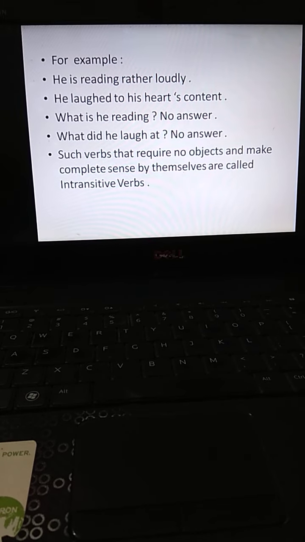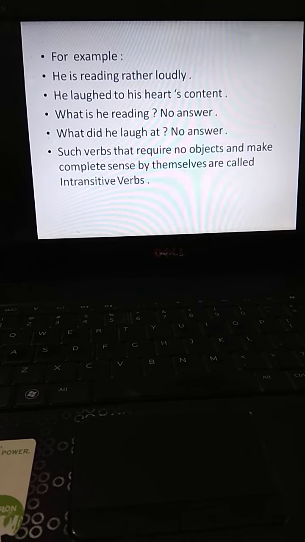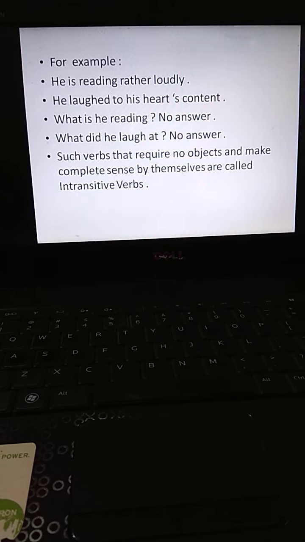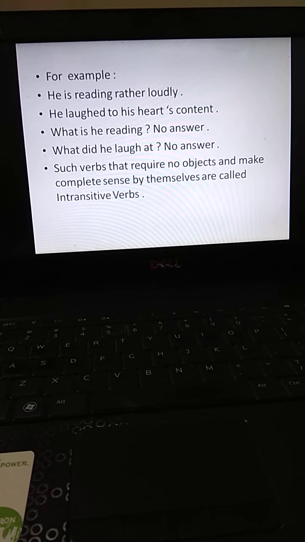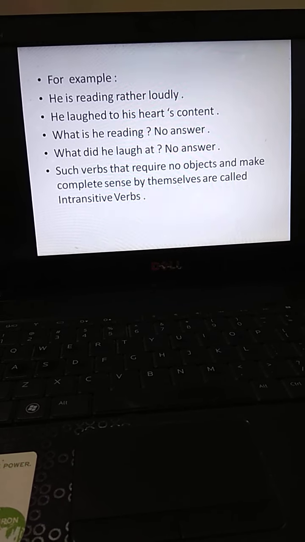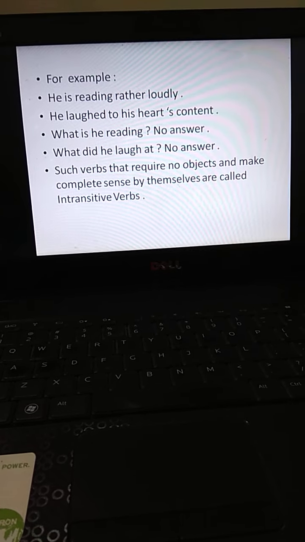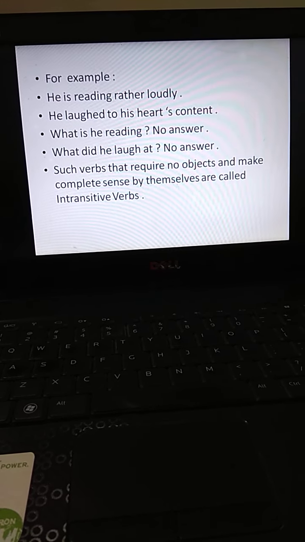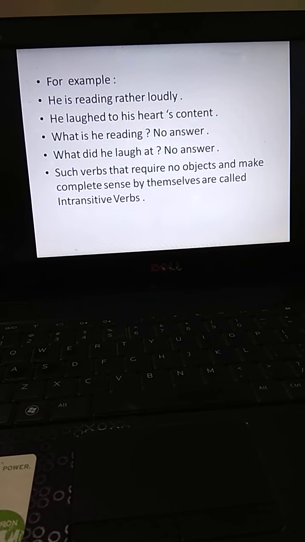So what is the difference between transitive and intransitive verbs? In transitive verbs, verbs that require objects to make complete sense are called transitive verbs. So in transitive, there is a requirement of objects to make complete sense.